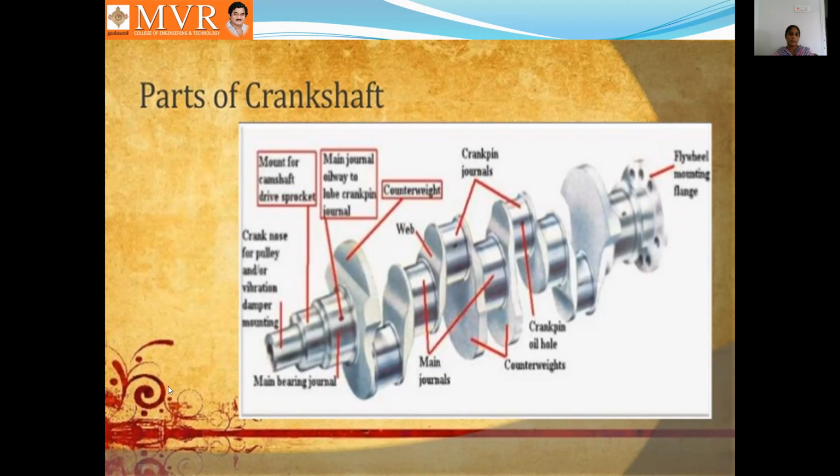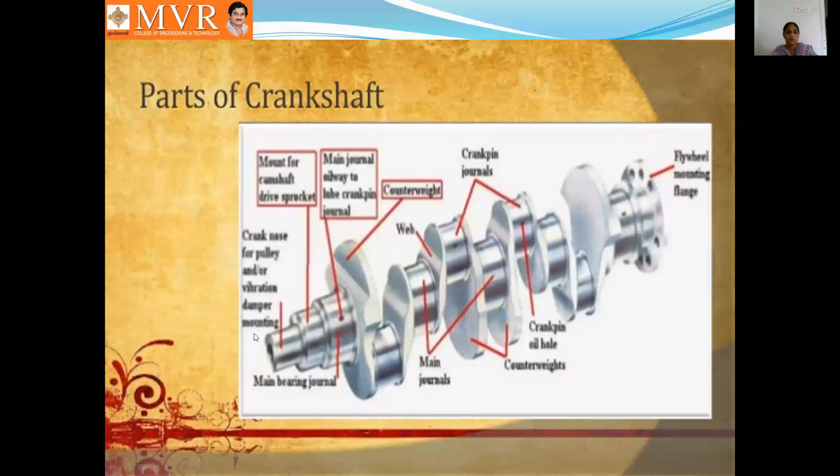And also the main bearing journals, and the flywheel mounted on the flange, depending upon the different positions of the pistons. The piston and the crankshaft are developed throughout the engine for the different angles.